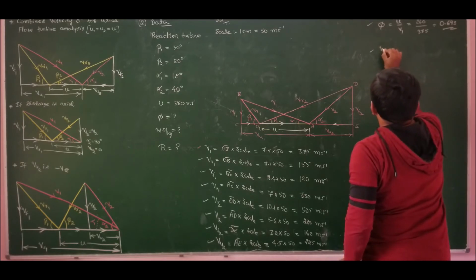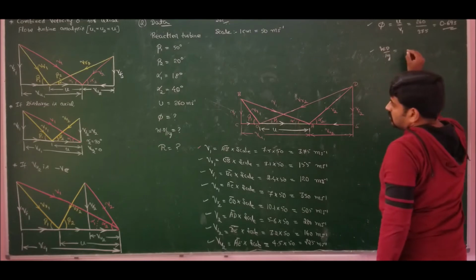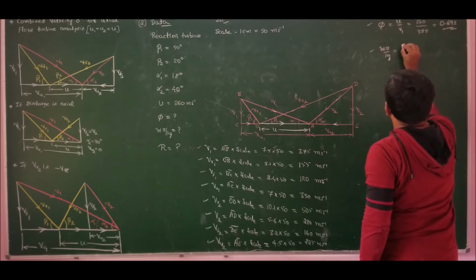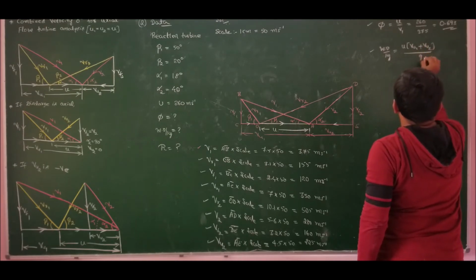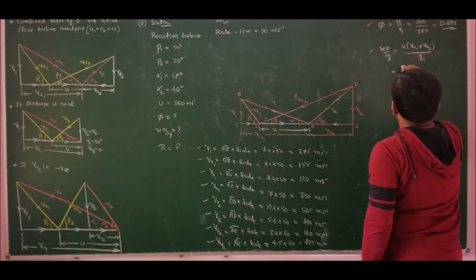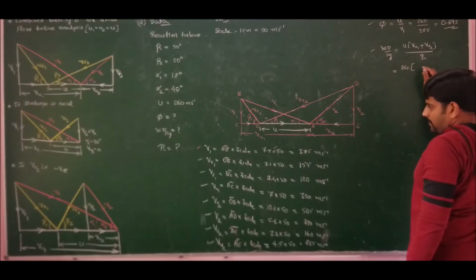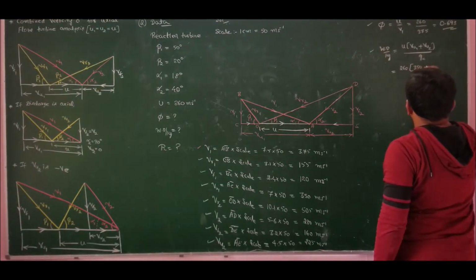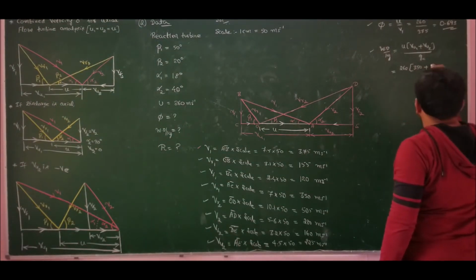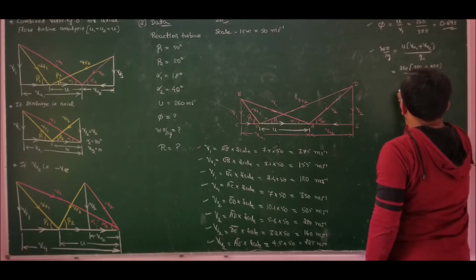Next, he has asked work done per kg. Work done per kg is equal to U times (VU1 plus VU2) by GC. U is 260, VU1 is 350 plus VU2 is 225, by GC is 1.